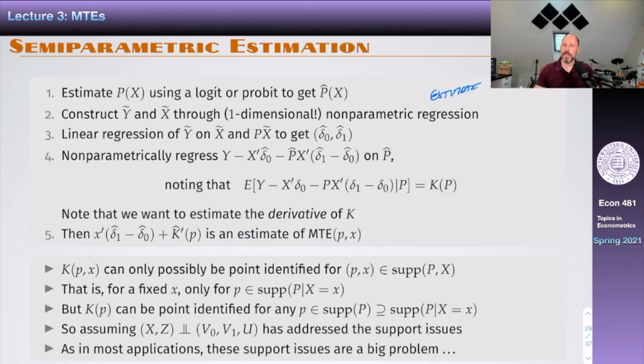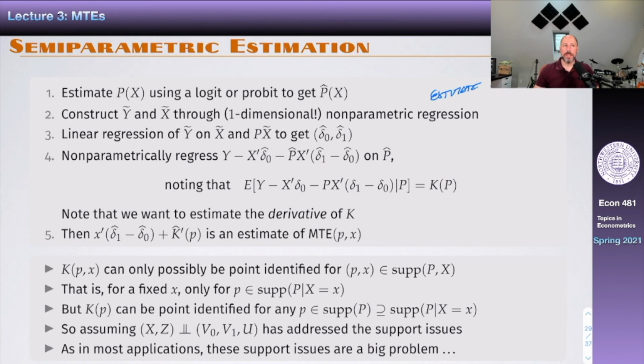This is scalar, so this is easy to do. Then, once we have the tilde versions, we're going to do linear regression of y on x, then the interaction of p times x. And that was going to give us the estimators of the delta hats and so on. And then finally, we're non-parametrically going to regress y minus this minus that on p hat to get an estimator of the function k.